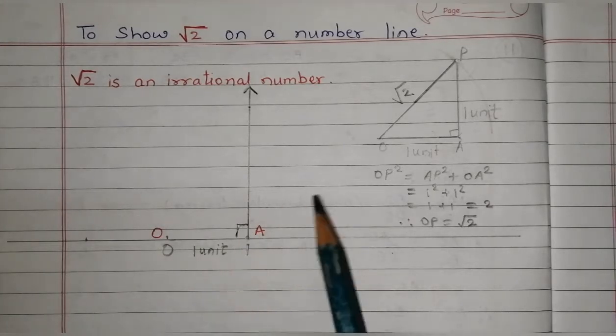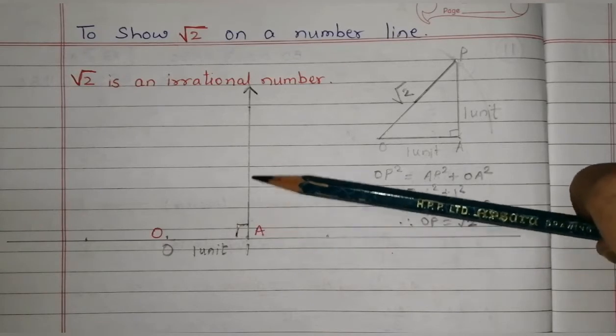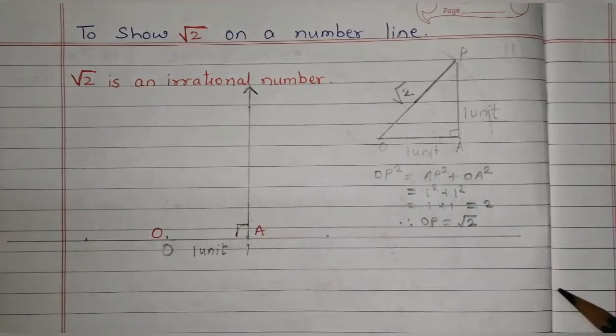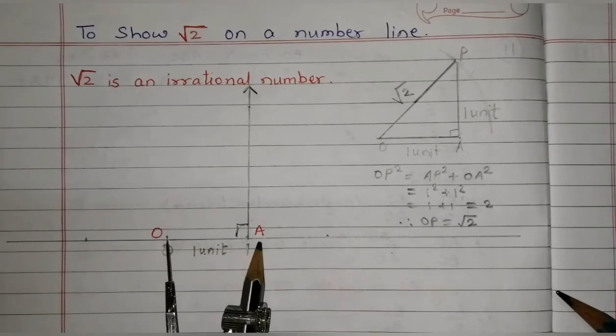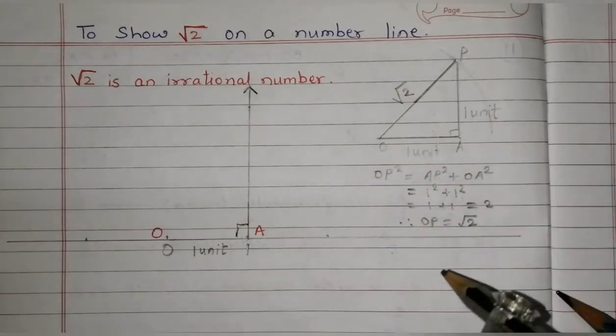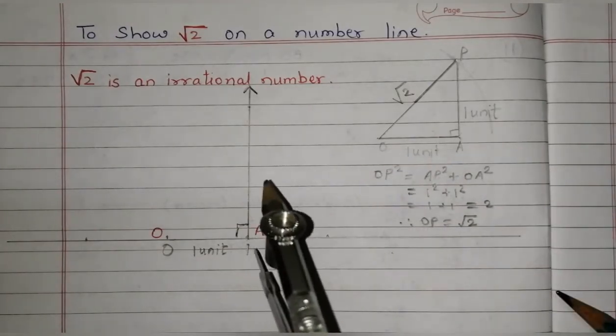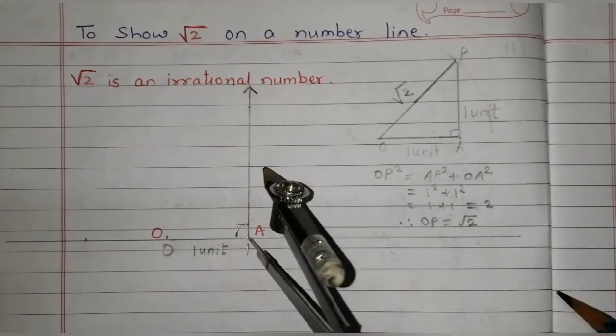If we take an equal distance from A up to here, that is 1 unit, by using the compass we will measure this distance OA and we will keep it at A and we will cut the arc.